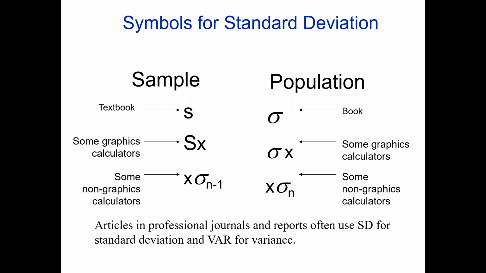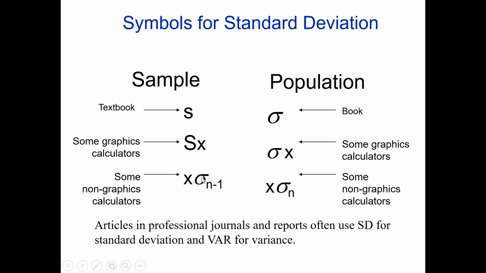There are some symbols that are used for standard deviation. For a sample, sometimes in the textbook it is written as small s, and for the population it is written as sigma. Some graphic calculators use capital S x, and on the right hand side sigma x.